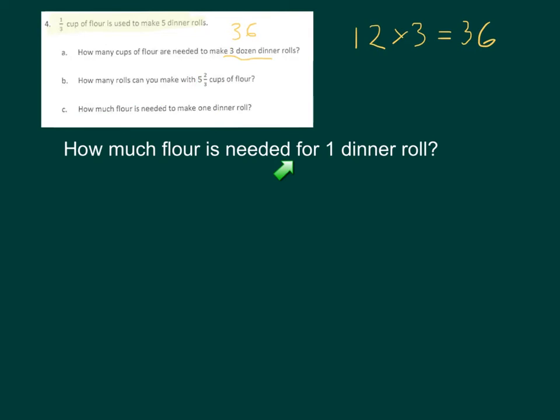How much flour is needed for 1 dinner roll? So 1/3 cup of flour is used to make 5 dinner rolls. So 1 dinner roll will be your denominator because you're looking at how much flour per dinner roll. Whenever the 1 unit is there, that will be your denominator because we're looking for unit rate.